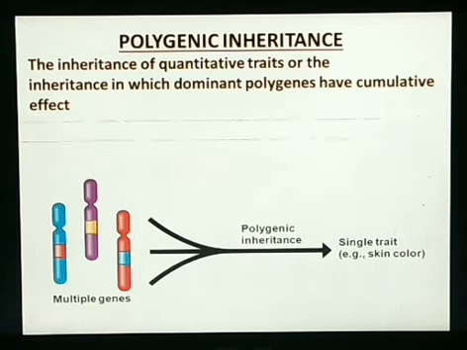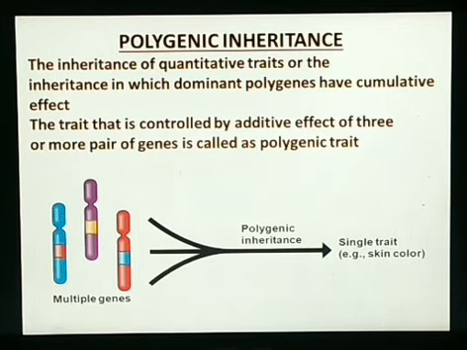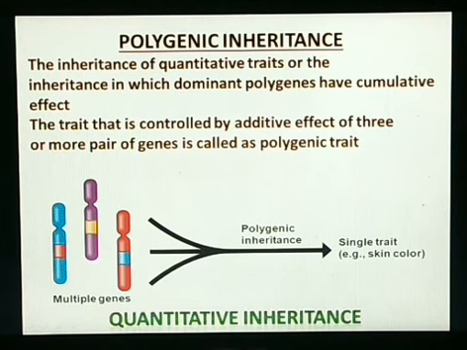So here the trait is controlled by the additive effect of three or more pairs of genes, and therefore it is called a polygenic trait. Such inheritance is called quantitative inheritance because of multiple gene interaction.